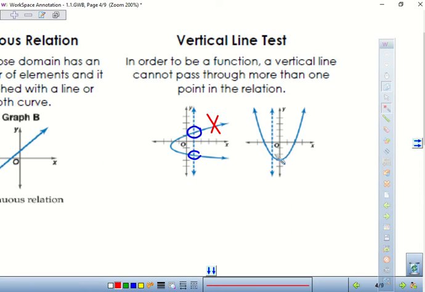Now over here, notice that we go through only 1 point on the relation, and if you were to draw a vertical line anywhere on that relation, you would only go through 1 point, which means that this passes the vertical line test. Maybe I'll do it in green. Passes the vertical line test. So does anyone have any questions about determining if you pass or fail the vertical line test? Okay.